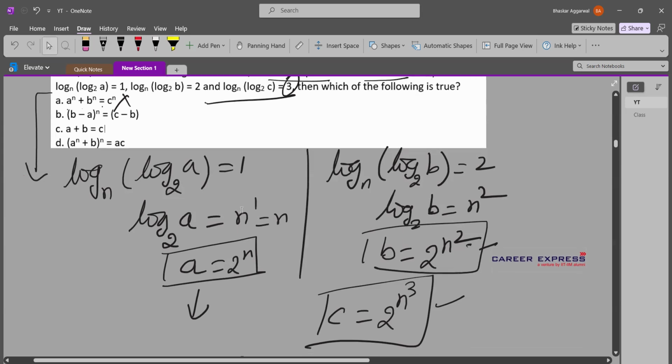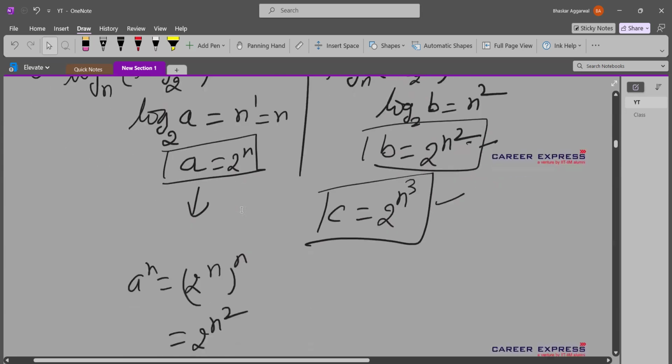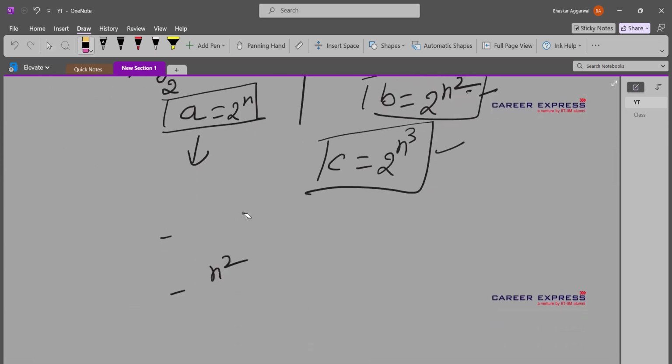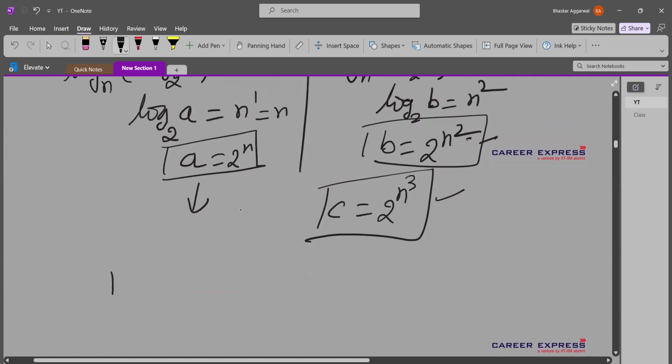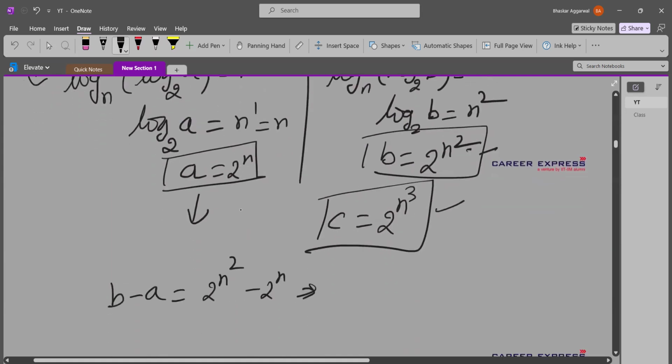Second is b minus a raised to n is equal to c minus b. So b minus a will be 2 raised to n square minus 2 raised to n, and b minus a raised to n, so this whole raised to n as well.